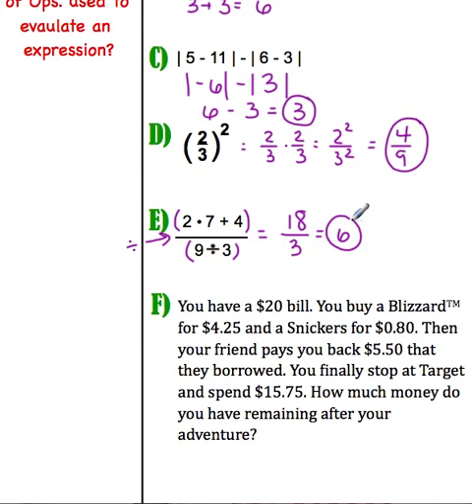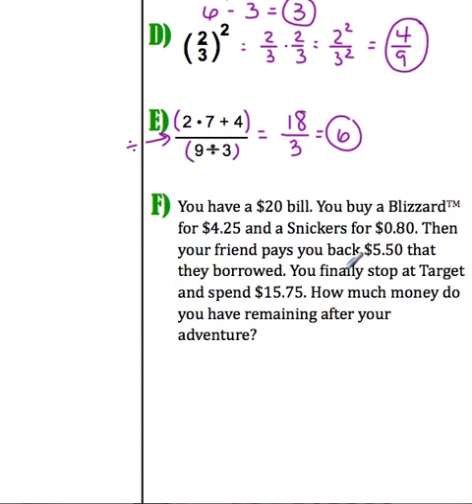Now we look at this last example here. You have a $20 bill, and you are going to buy a Blizzard for $4.25 and a Snickers for 80 cents. And then your friend will pay you back $5.50 that they borrowed. Finally, you're going to stop at Target and spend $15.75. So we need to set up an expression here. So we know that we start with $20.